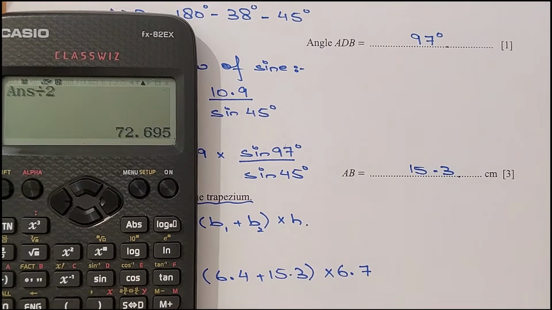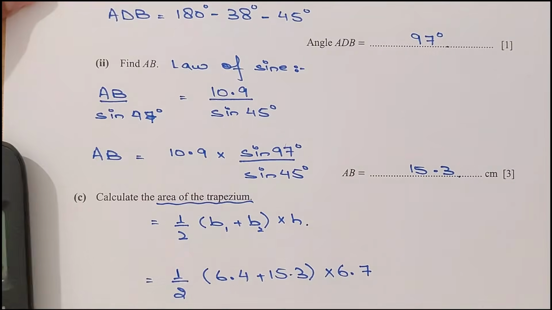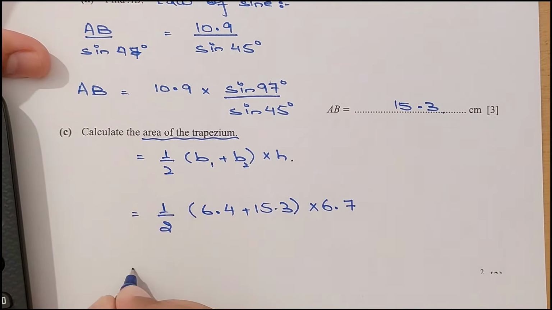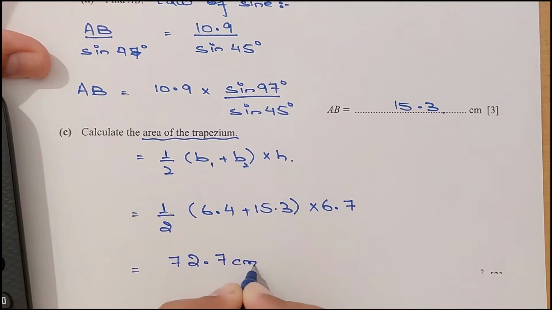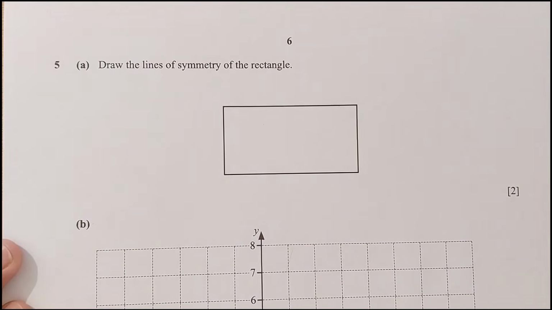So the area of the trapezium is 72.69, or we can say 72.7 if I round it. So this is equal to 72.7 centimeter square.